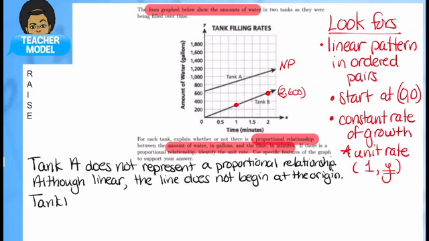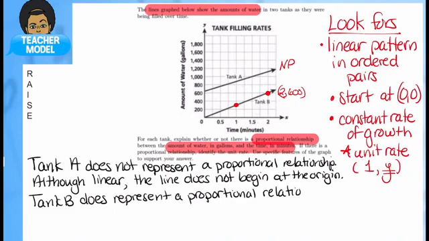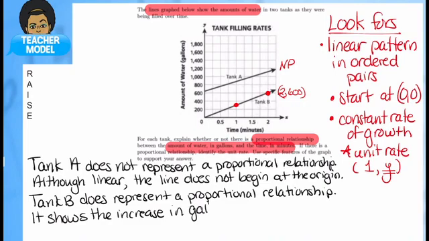Tank B does represent a proportional relationship. It shows the increase in gallons of water per minute.